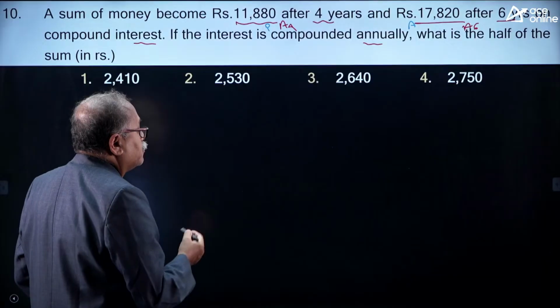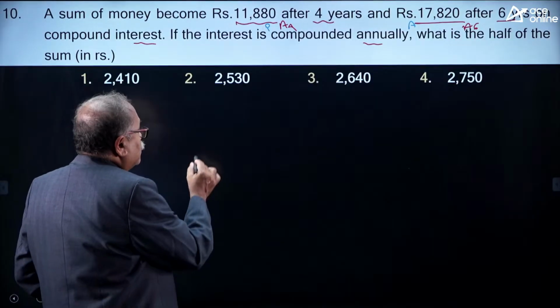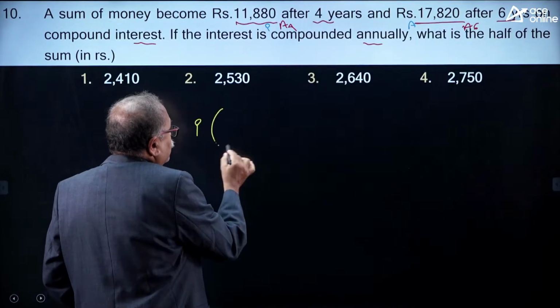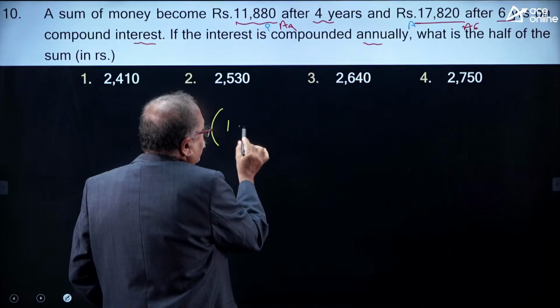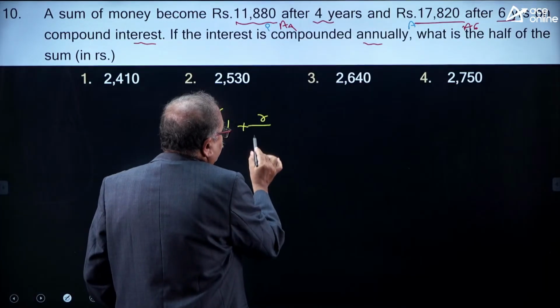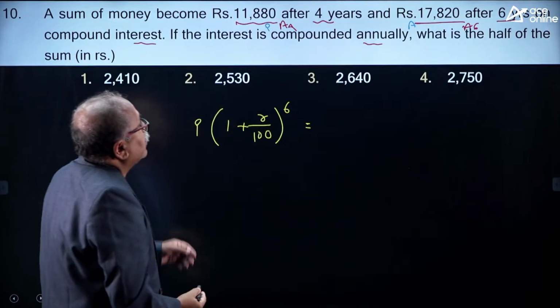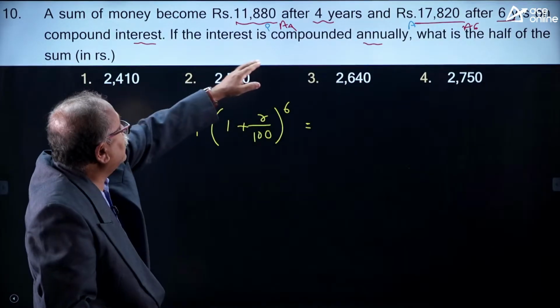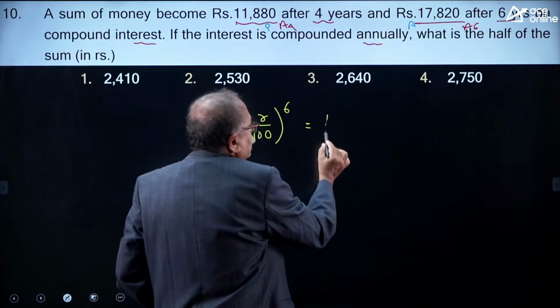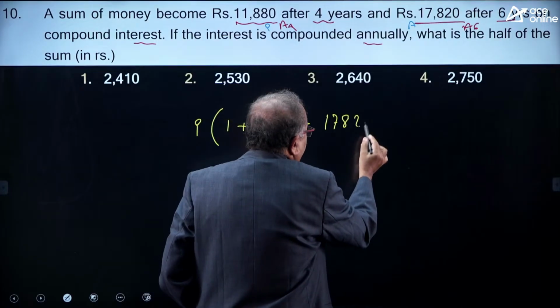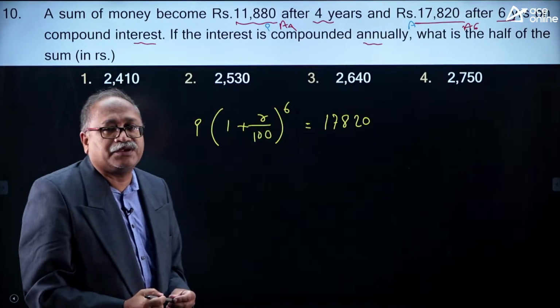So what you are going to do here is form two equations. P into 1 plus r by 100 to the whole power 6 is equal to the amount after 6 years, which is 17,820. This question will take some calculation.